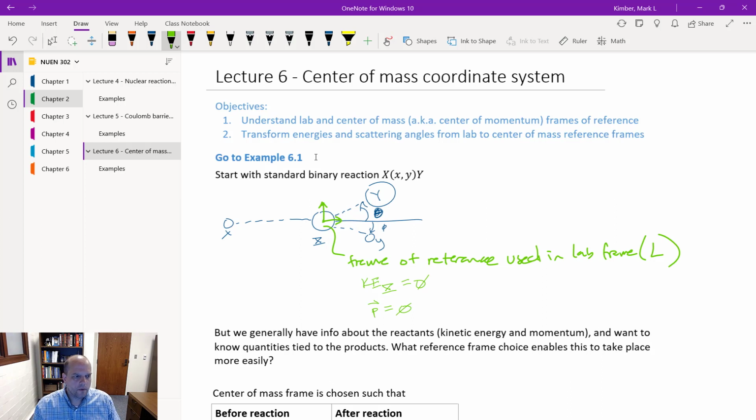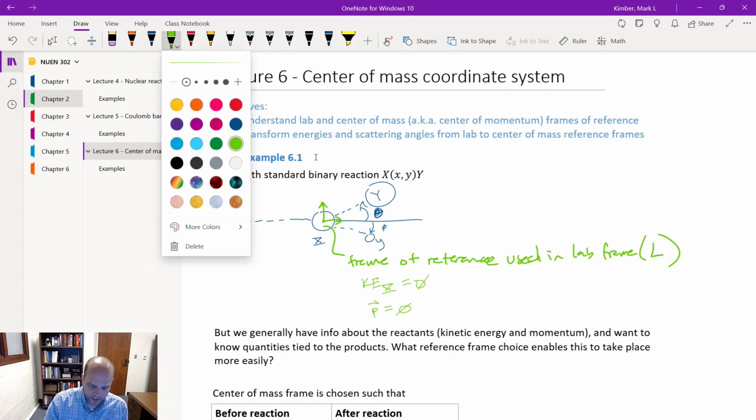So in general, though, we have info about the reactants, so we know the kinetic energy, momentum, and we want to know quantities tied to the product. And so the question is, what frame of reference choice enables this to take place most easily? And the answer to that is what's called my center of mass reference frame.